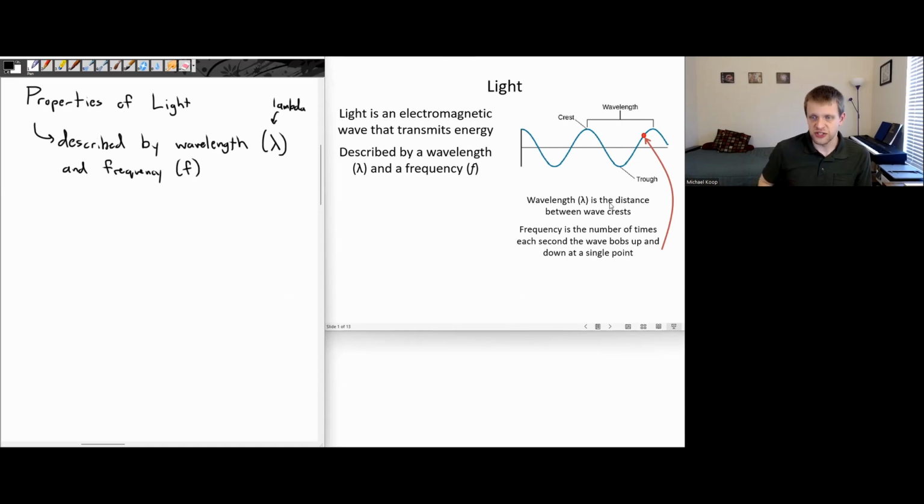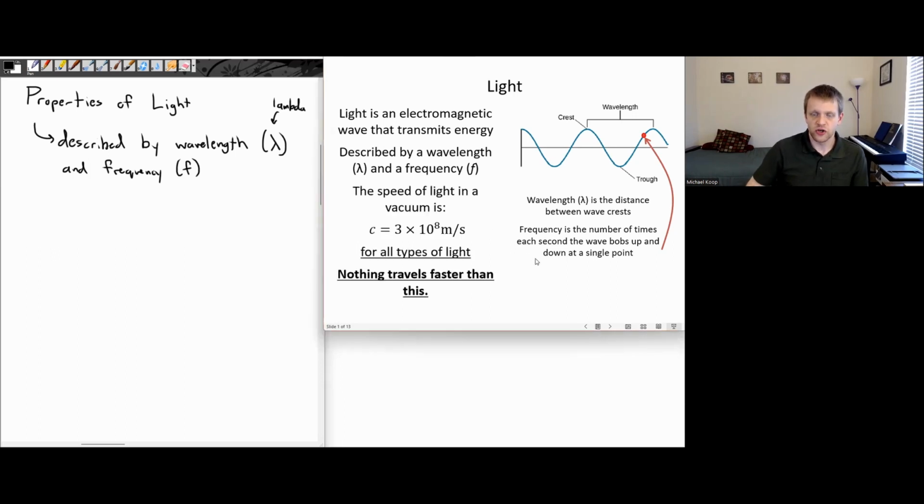Whereas the frequency is how many times per second does this wave go through that kind of up and down bobbing motion. So wavelength is, again, the distance between the wave crests. Frequency is how many oscillations does that wave go through per second.